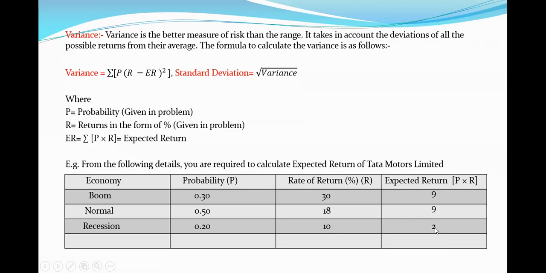Make a total of the last column, that is the summation. You can see the sign of summation here. E of R is summation P into R. After multiplying, add all the results, you get the figure P into R summation 20. This is the result of expected return.